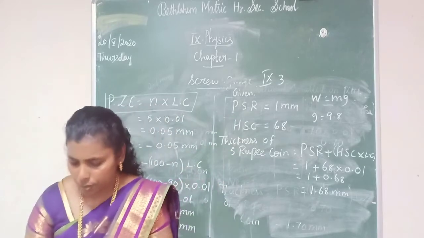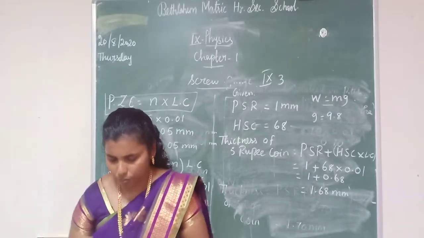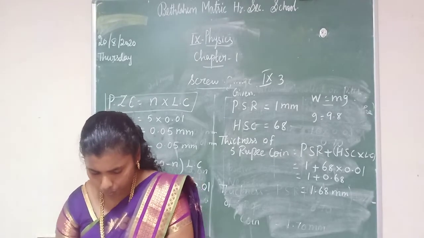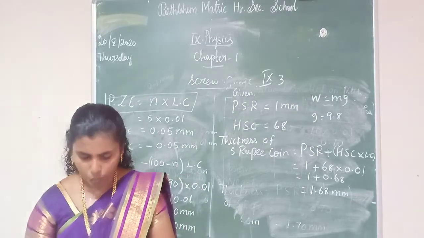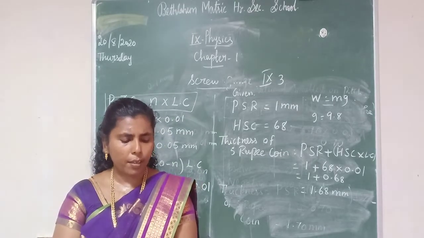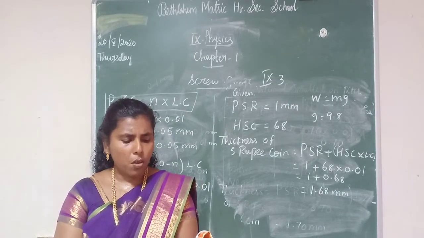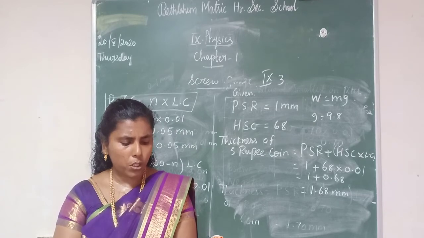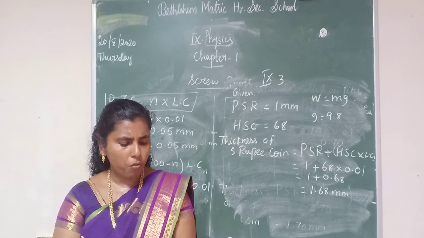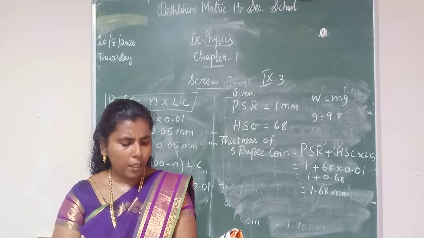Then take your book. First, choose the correct answer. First question option A, second question option D, third question option B, fourth question option A. Then fill in the blanks.